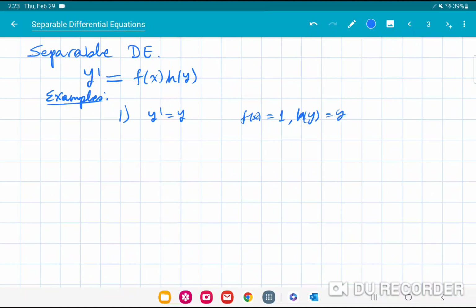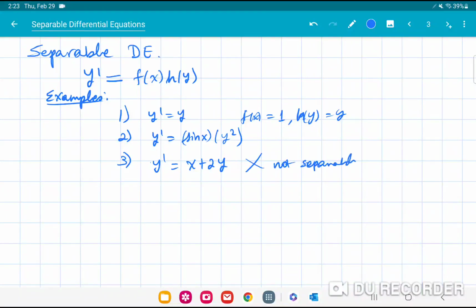It's a product of two functions. One is a function of x, one is a function of y. Okay, y prime equals sine of x multiplied by y squared. That's a separable differential equation. Okay, y prime equals x plus 2y is not separable. This is not a separable differential equation.